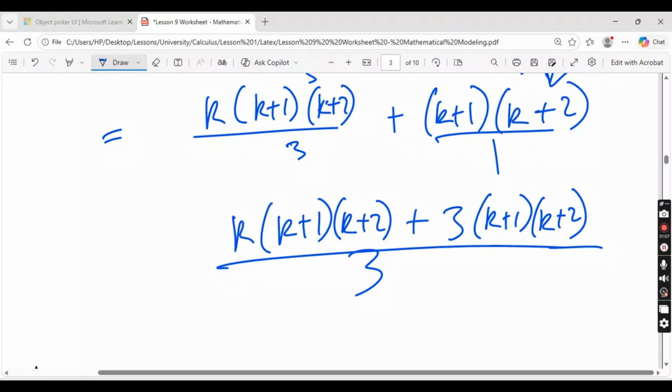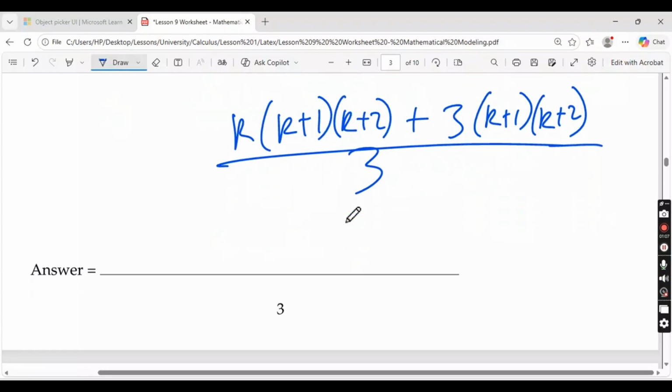No. Okay, so here we have a question. The question is, do we see anything common in the numerator? Or is there anything that we can factor out on the numerator? k plus 1 times k plus 2. Yes, we can factor out k plus 1 times k plus 2, right?